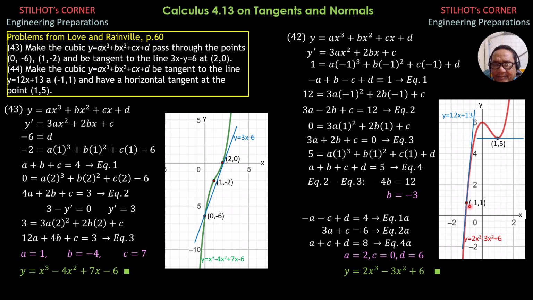So we have the points (-1, 1) and (1, 5), and at the point (-1, 1), the tangent represented by the blue line, y equals 12x plus 13, is tangent to that point. The red curve is the cubic, y equals 2x cubed minus 3x squared plus 6, and we have a horizontal tangent at (1, 5). So that's it for this video.